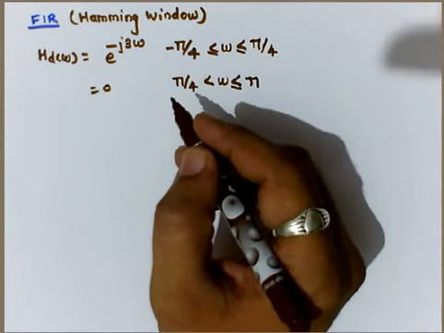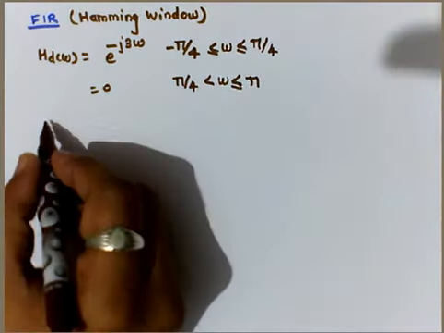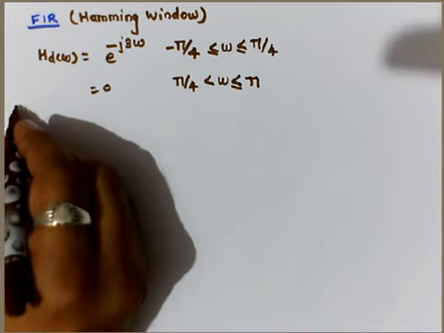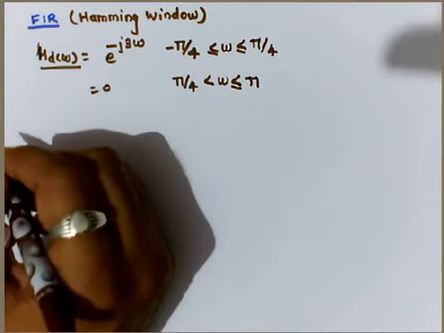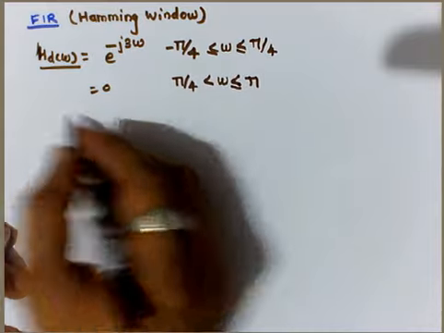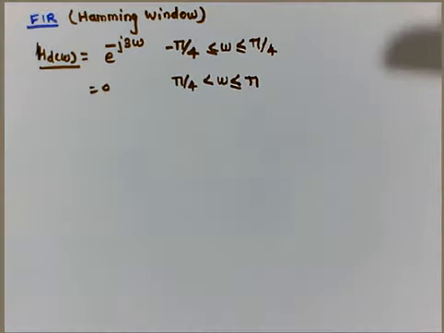So when we compare it with the standard equation, as we have gone through, this is the only specification given to us, and from this specification we want to design the FIR filter. So what is the standard equation for Hd of omega?